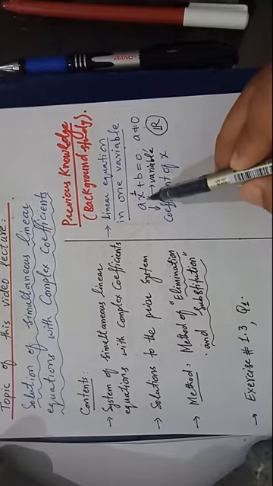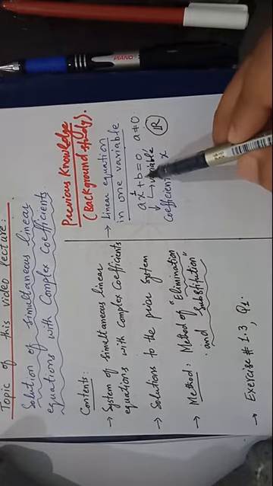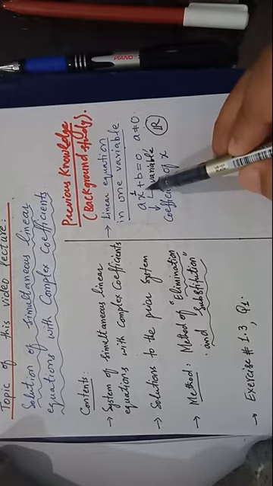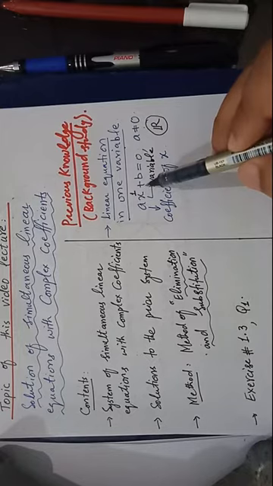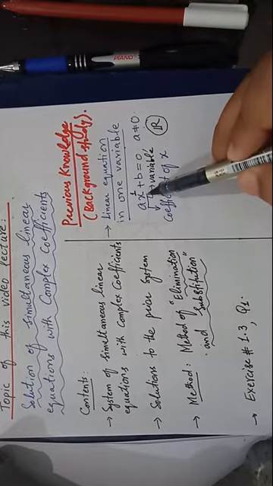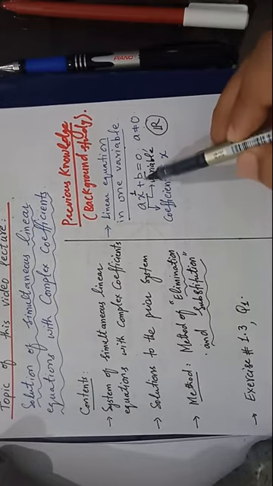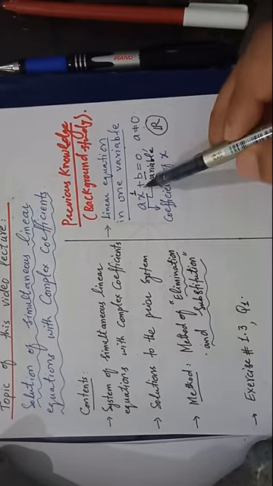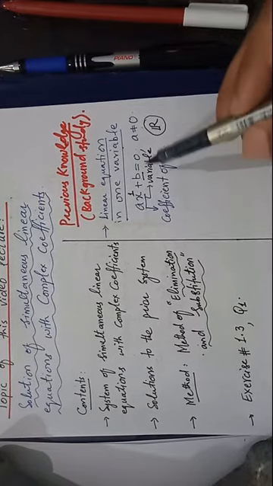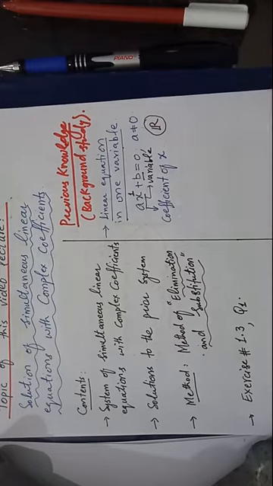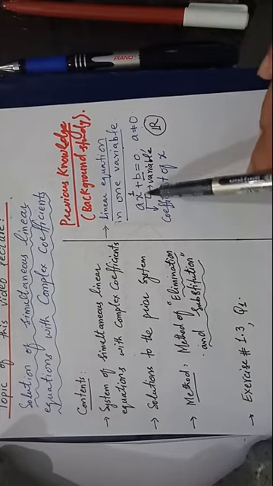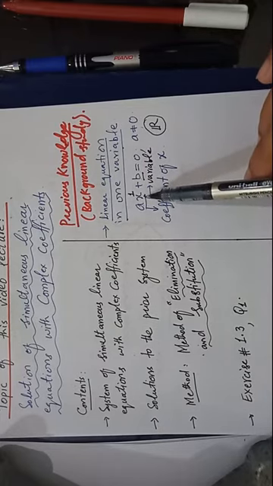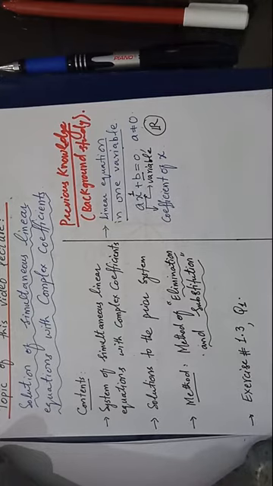There are two terms, ax is one term and b is another term. Terms are separated by plus and minus. So in both terms the highest power of the variable is 1. You don't see x power 2 or x power 3. Such equations are called linear equations. This is a linear equation in one variable, as x is a single variable.